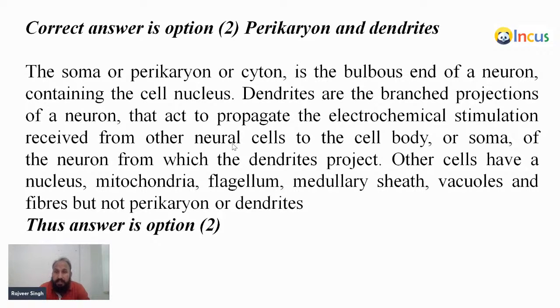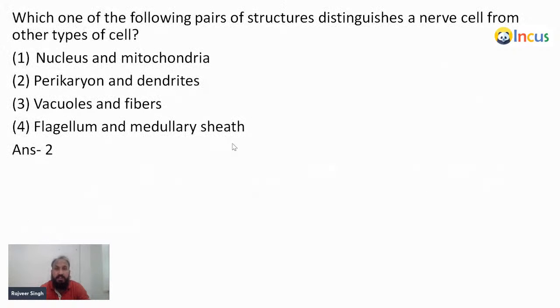Dendrites are the branched projections of a neuron that act to propagate the electrochemical stimulation received from other neural cells to the cell body, or soma, of the neuron from which the dendrites project. Other cells have a nucleus, mitochondria, flagellum, medullary sheath, vacuoles, and fiber, but not perikaryon or dendrites. So we have chosen the second option, perikaryon and dendrites, right?